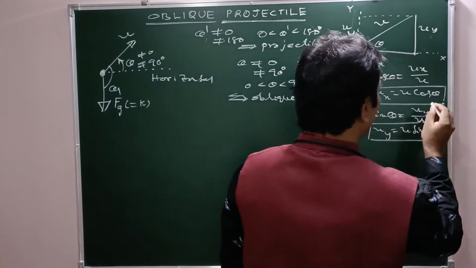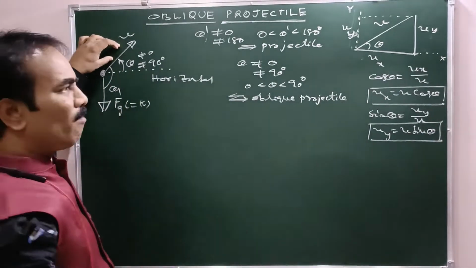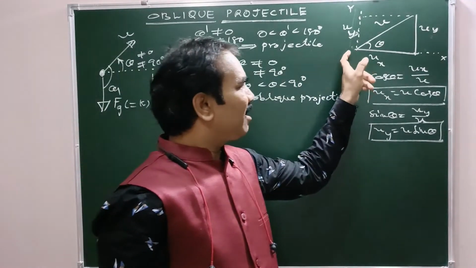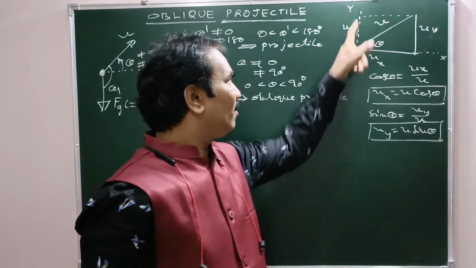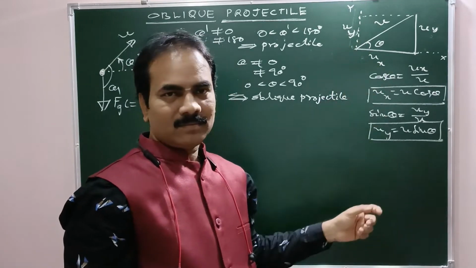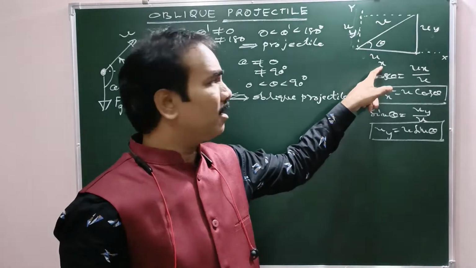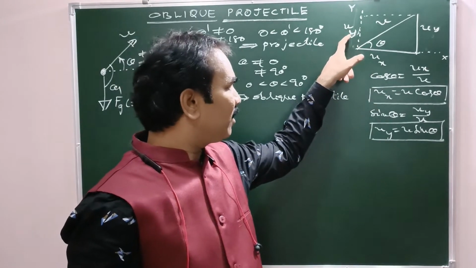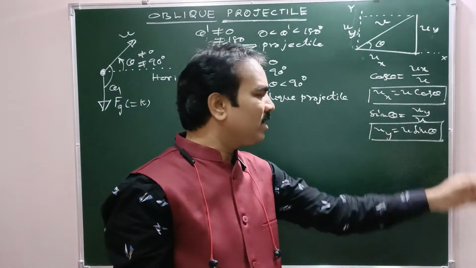So here the velocity of projection can be resolved into two components. One is along horizontal, that is along the x-axis. Another one is along vertical, that is along the y-axis. So u x, u y. U means initial velocity. Suffix x means along horizontal, and here the initial velocity along vertical, along the y-axis. So u x is u cos theta, u y is u sin theta.